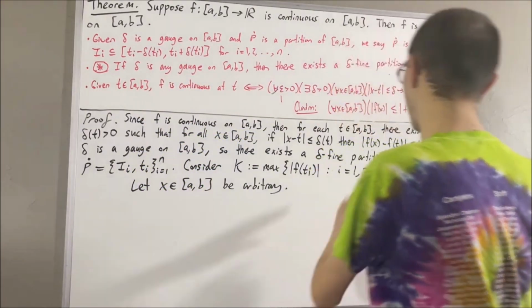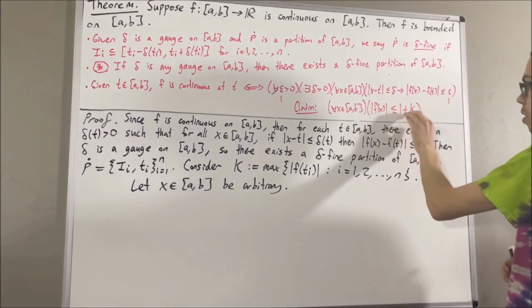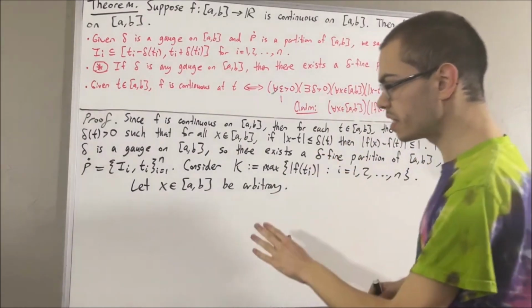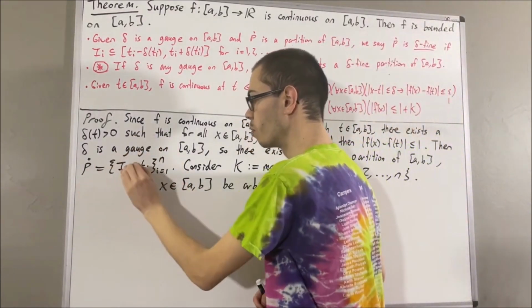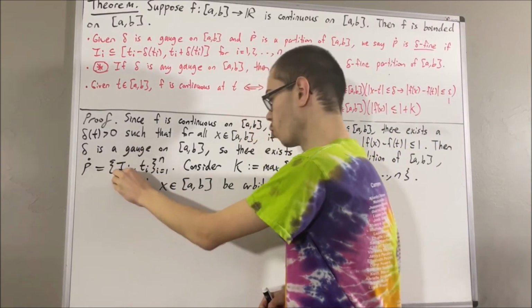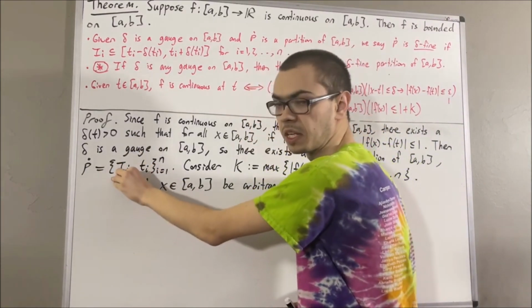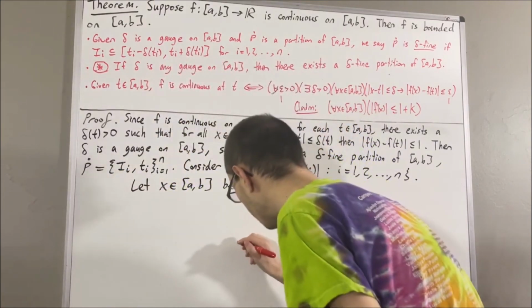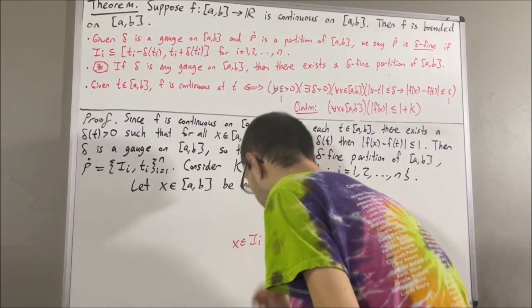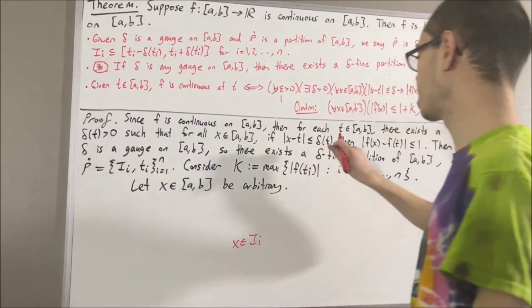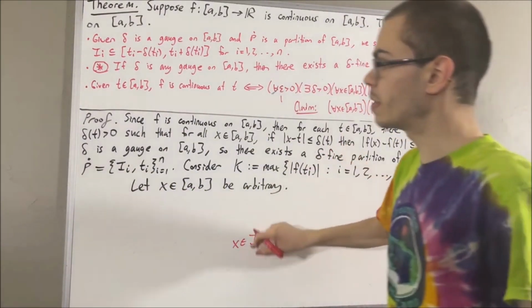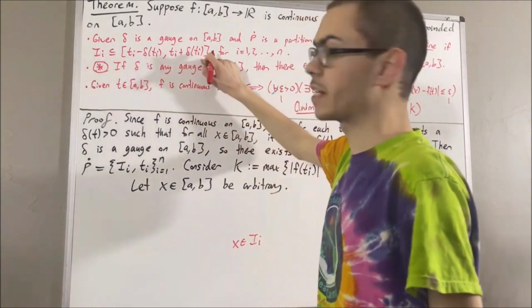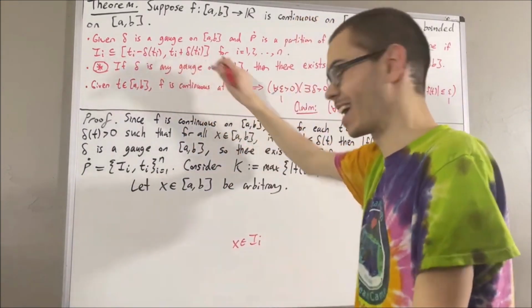From here, we want to show absolute value of f of x is less than or equal to 1 plus k. Now, since the partition breaks up the interval into a bunch of subintervals, we know that x belongs to at least one of these subintervals. For example, x belongs to some subinterval I_i. But since the partition is delta fine, I_i must be a subset of this interval centered at the tag t_i.